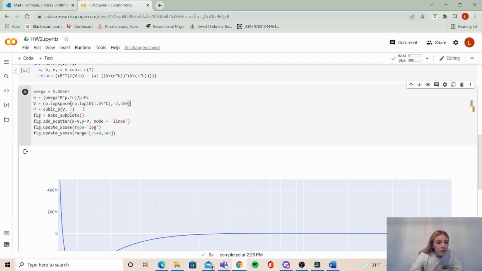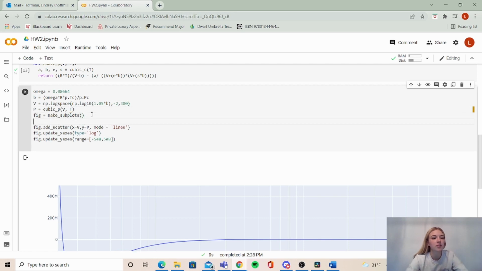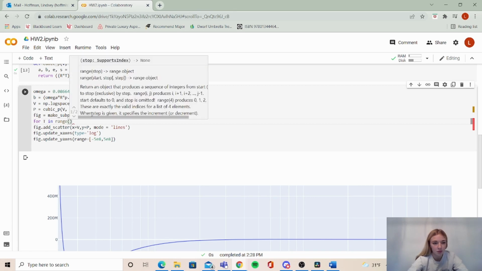I'm going to put it under this one: for T in range. We need to specify our range here, what temperature we want to start at, what temperature we want to end at, and the step values between those temperatures.